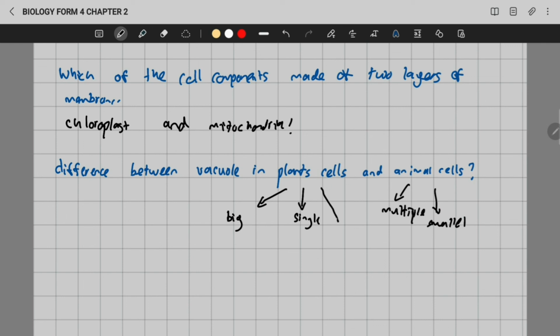And you can also give the difference in function. There are some functions that are different between each other. I'm sorry for my bad handwriting.